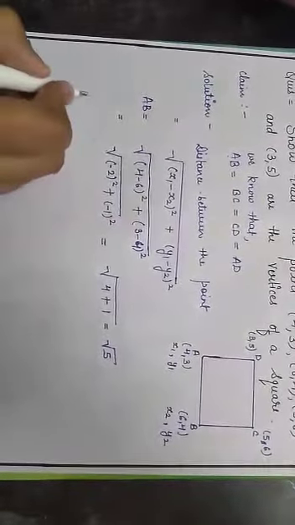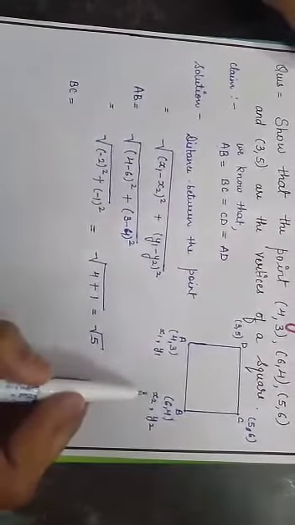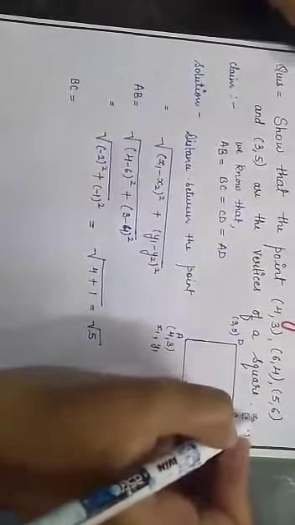Now BC. B is (x2, y2) and take 5 as x3 and 6 as y3.